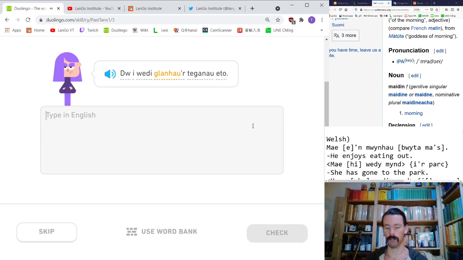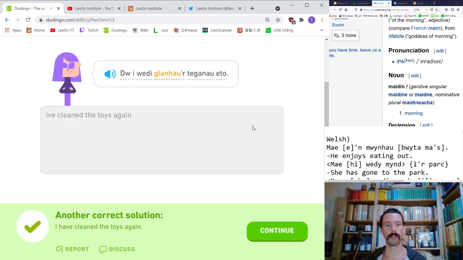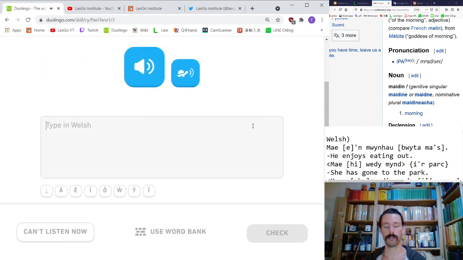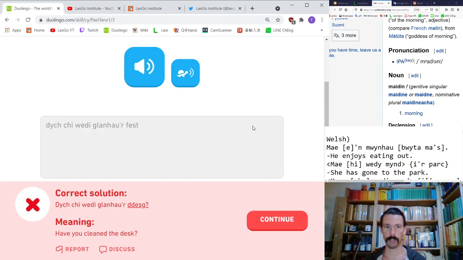Couldn't say yet here in English, but the same word in Welsh means again and yet. Dych chi wedi glanhau'r ddesg? Desk. Alright, interesting.